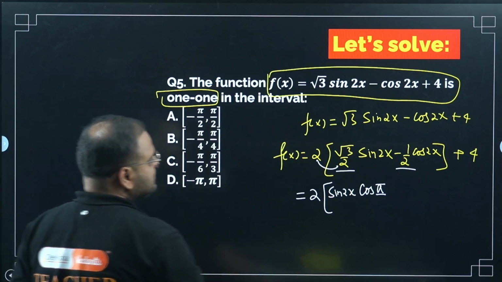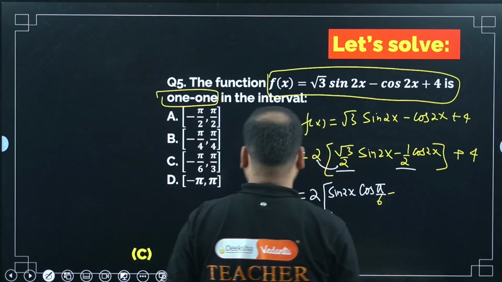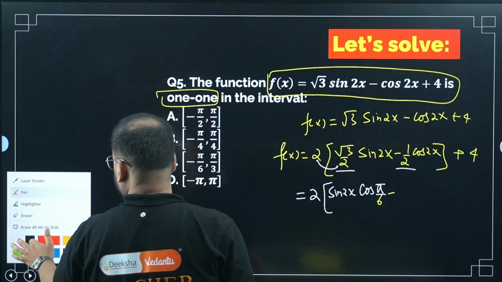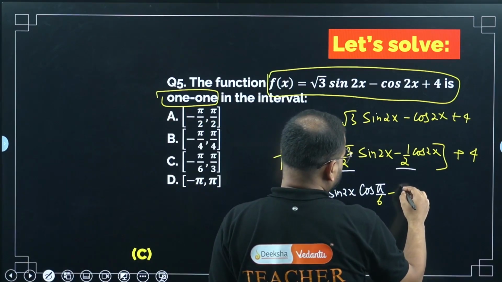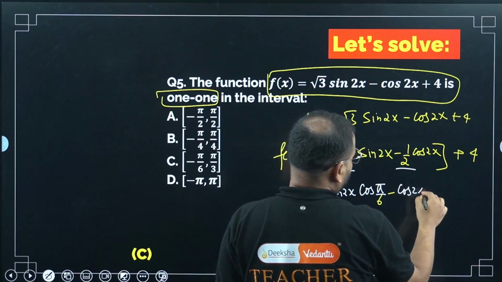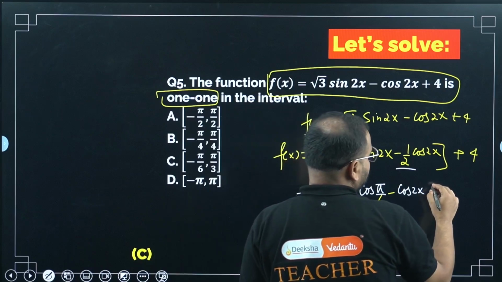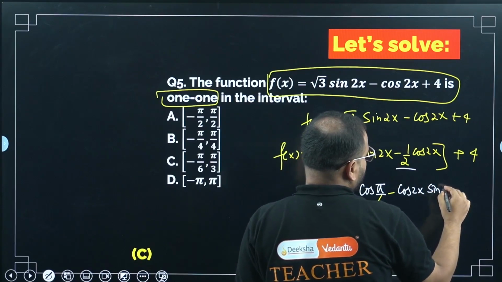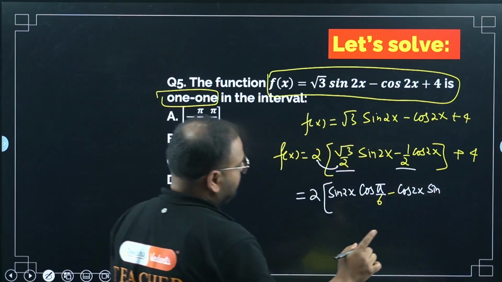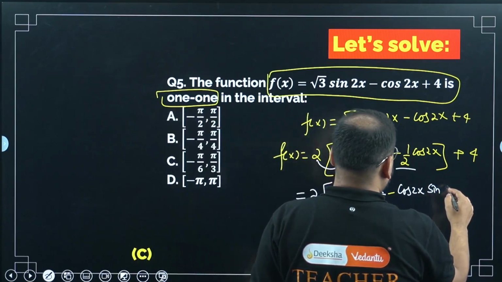Cos pi by 6 is √3 by 2. Again cos 2x will come, and what about 1 by 2? Sin pi by 6.